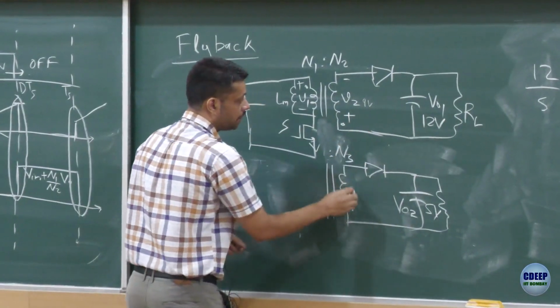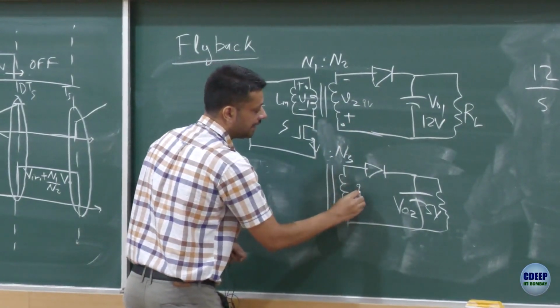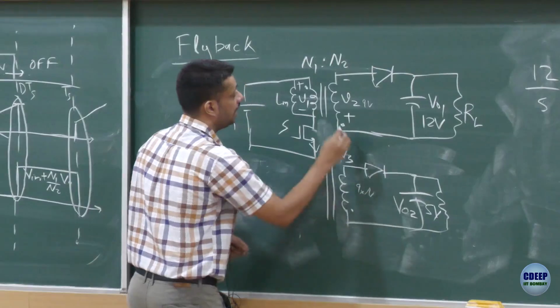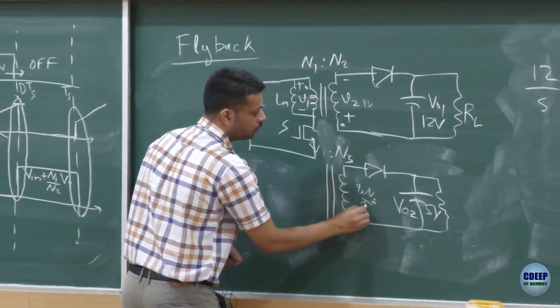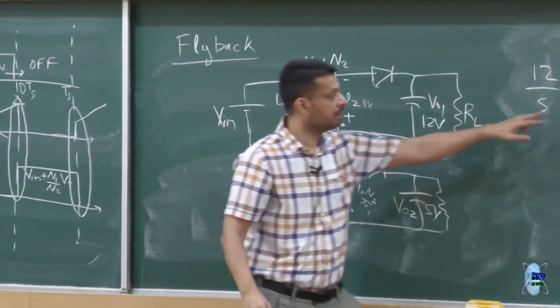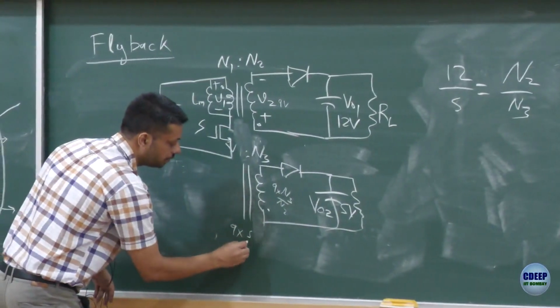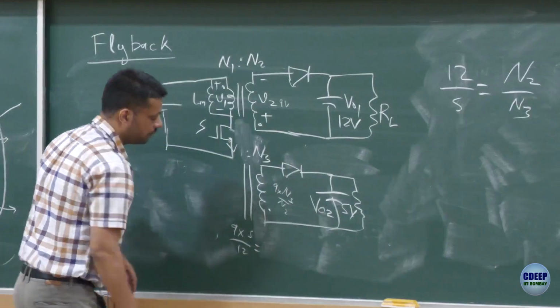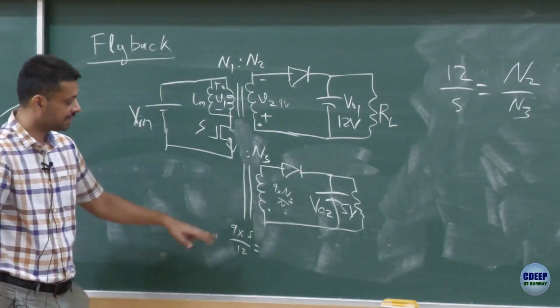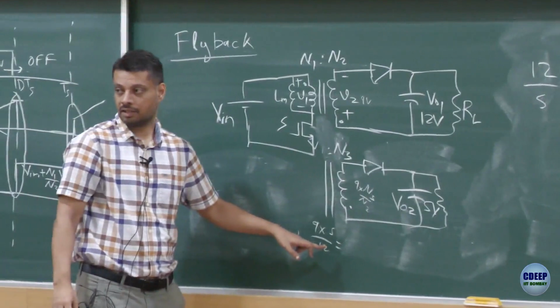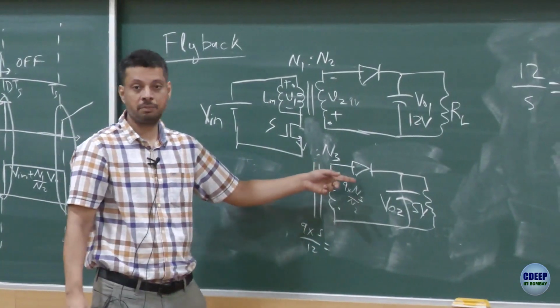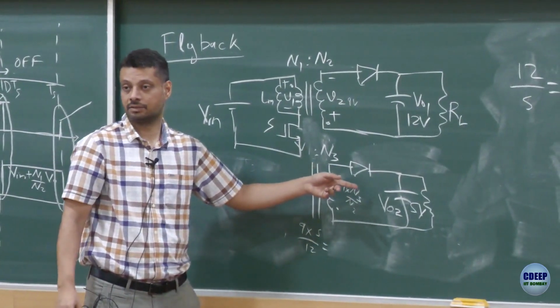So the voltage that would appear here is 9 times N3 by N2. And what is N3 by N2? N3 by N2 is 5 by 12. So if you do 9 multiplied by 5 by 12, what will you get? You will get something less than 5. If you get something less than 5, this diode will be reverse biased, right?